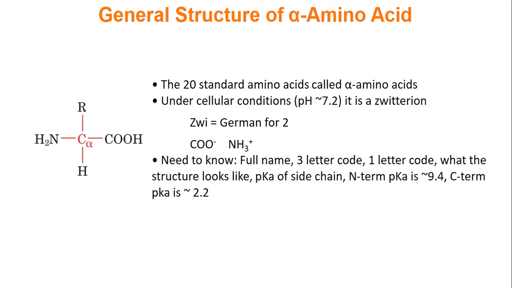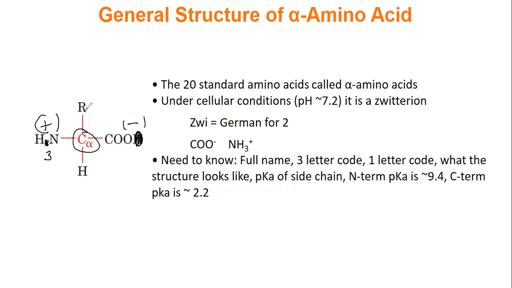And all amino acids have this general structure where they have a carbon alpha, and it should have an amino group that's going to be charged under normal conditions, so NH3 plus, and it's going to have a C terminal group, COO minus.